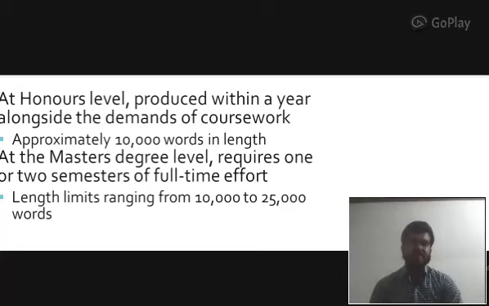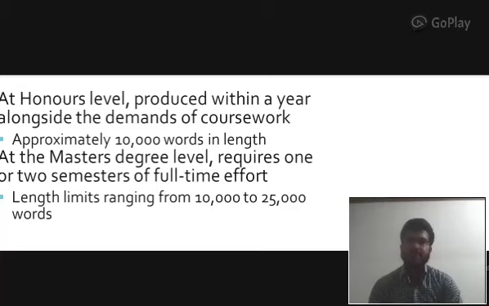So you can see for yourself that the word limit varies from honors level to master's degree level, because this is now the second time when the students are conducting research.